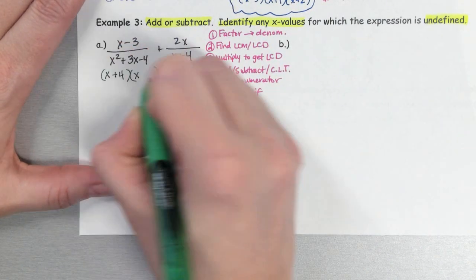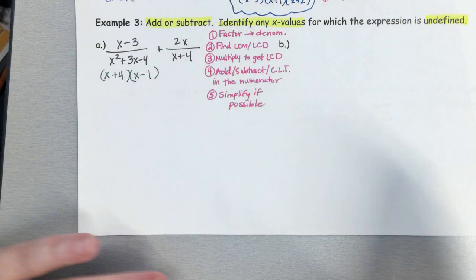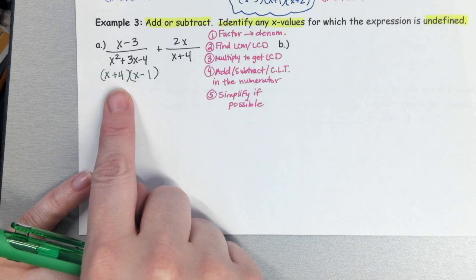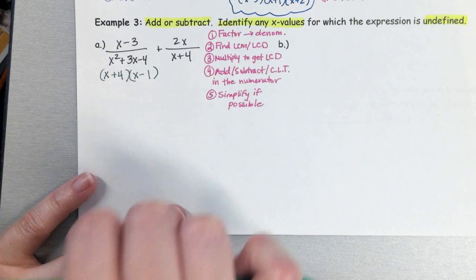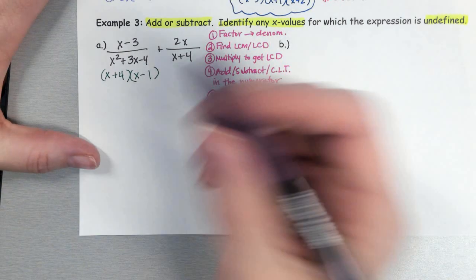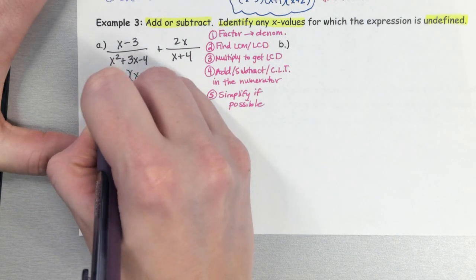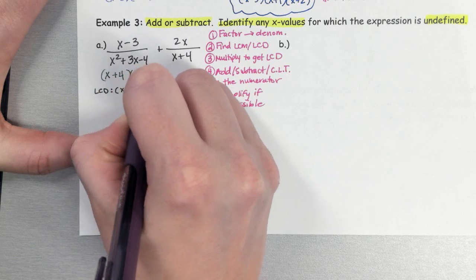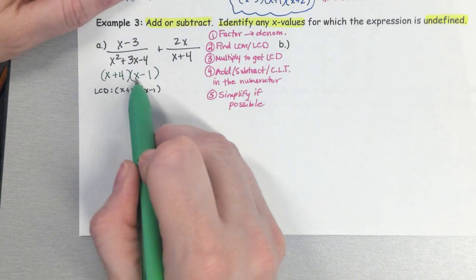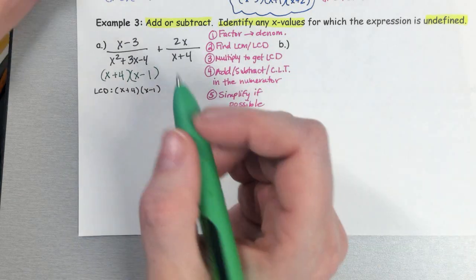Yeah. And remember how I told you yesterday, like use your context clues, right? If this is x plus 4, try something with x plus 4 first. Okay? All right. And then your LCD for this is going to be x plus 4 times x minus 1. So x plus 4, x minus 1, that already is there.